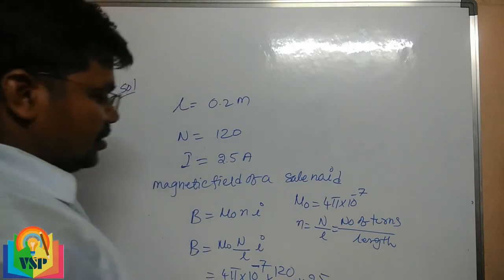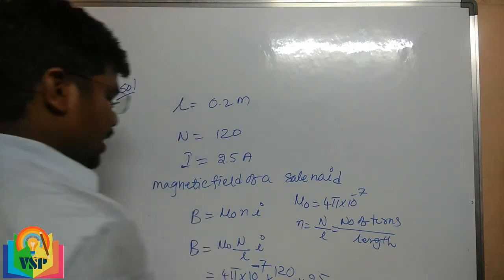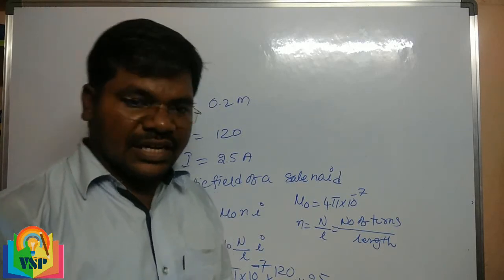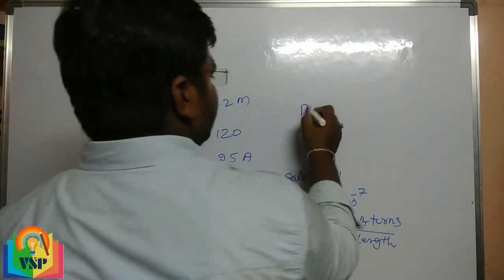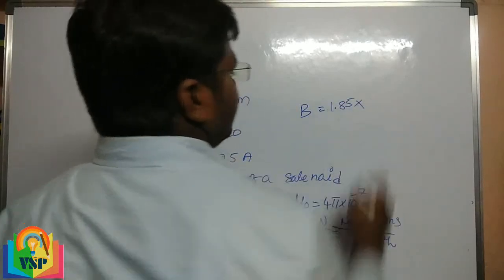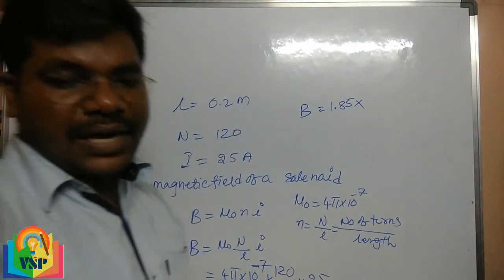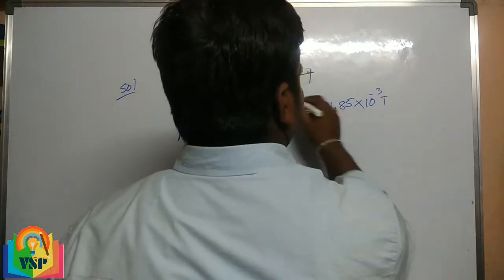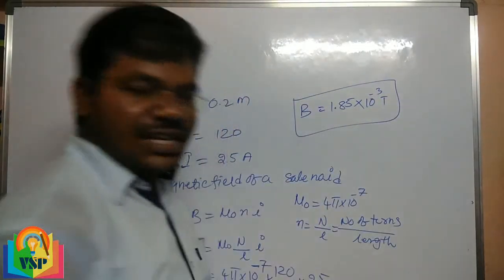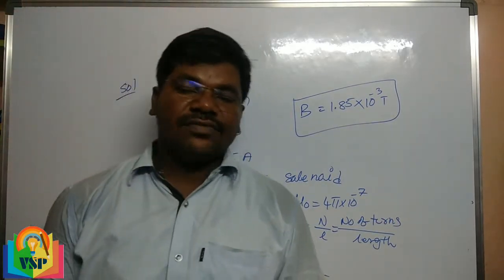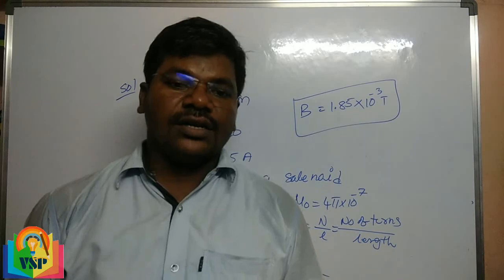By cancellation, we can get B is equal to 1.85 into 10 power minus 3 Tesla.